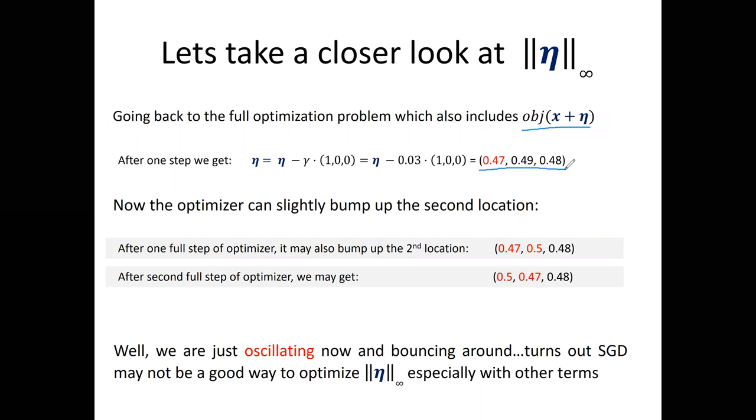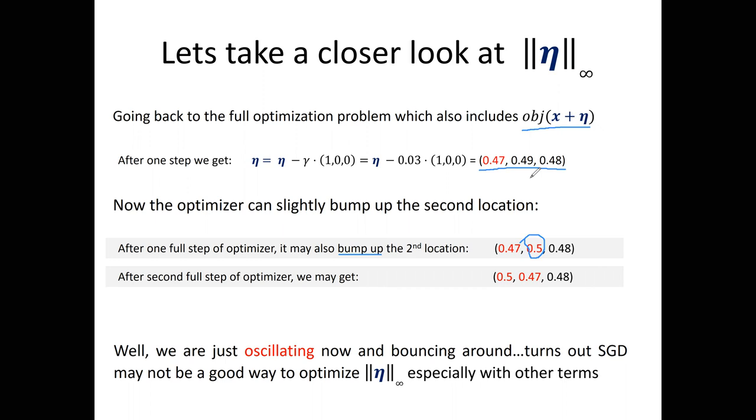Now the problem is, still in this first step, the optimizer can actually bump up the second location because it's trying to optimize the opt function. Nothing prevents it from increasing this 0.49 to 0.5.